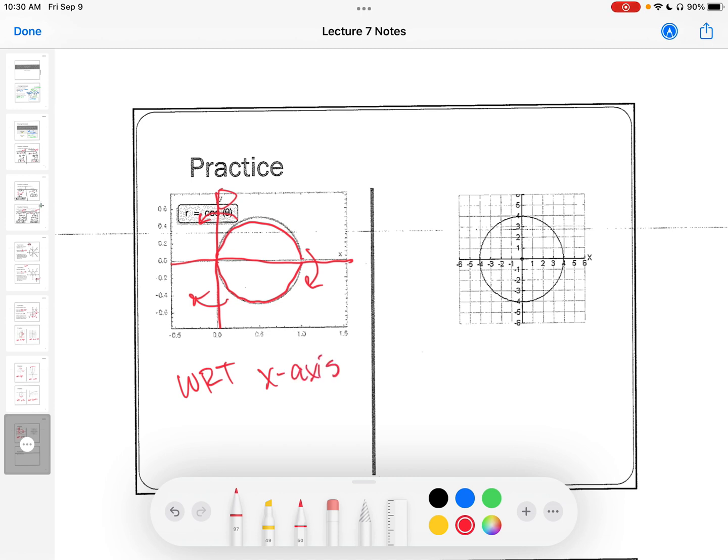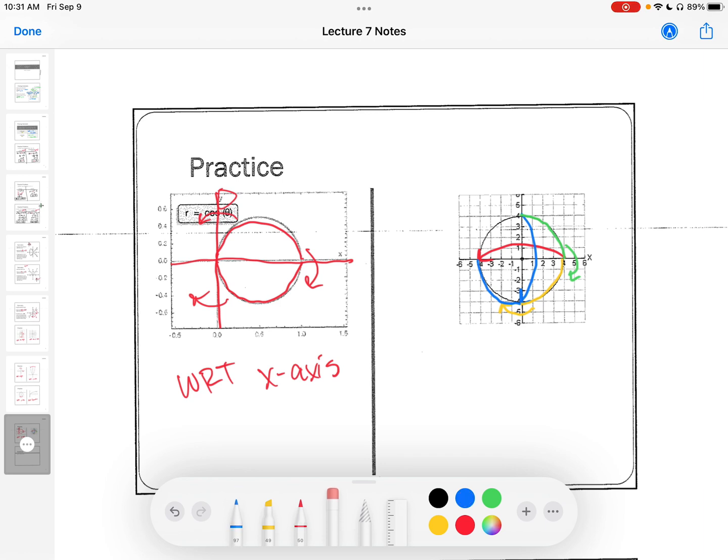Now this last one here is kind of a tricky one. Is it symmetric with respect to the y-axis? Yes. Is it symmetric with respect to the x-axis? Yes. If I look at this piece up here and I flip it down and then I flip it over, does that match up?